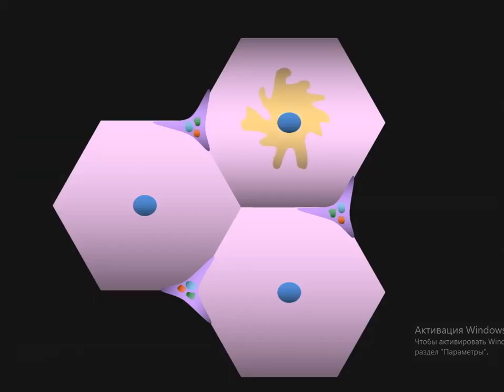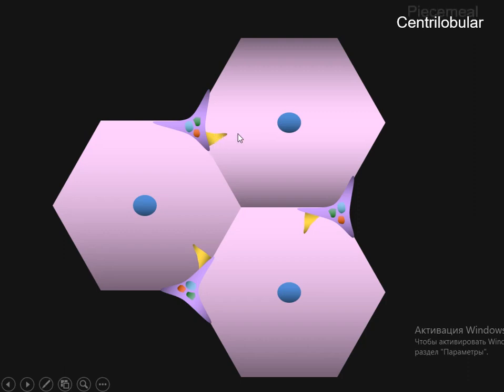So here in this slide you can see the examples. When the necrosis is located around the central vein, we name this necrosis centrilobular. Then piecemeal necrosis, small foci close to the portal tract, so we name it piecemeal necrosis.